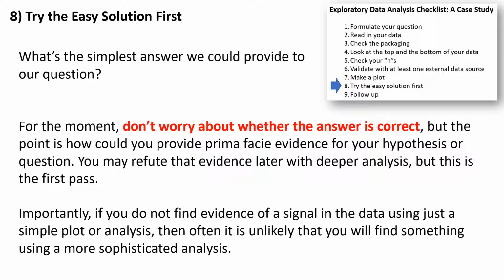So if you aren't able to come up with either a strong yes, I think there could be something here, or yes, it looks like this proves that no, there is no correlation, if you can't find something that at least gives you a strong indication one way or the other, then maybe it's not even worth continuing.